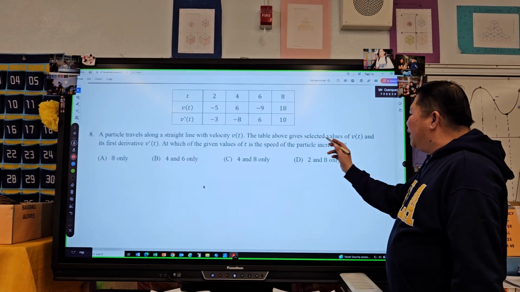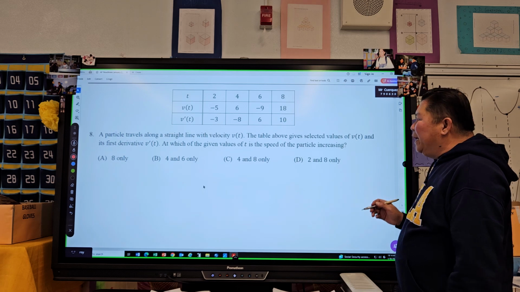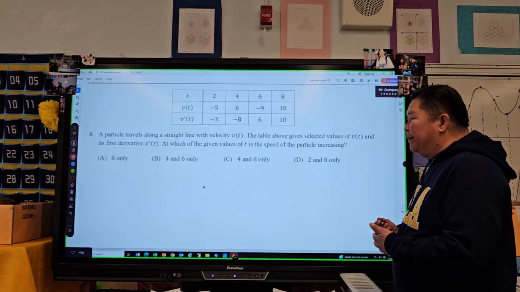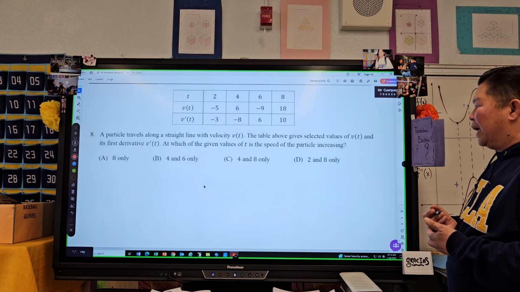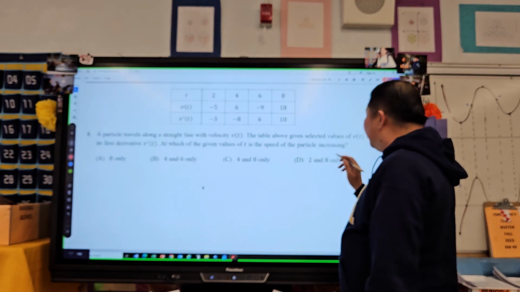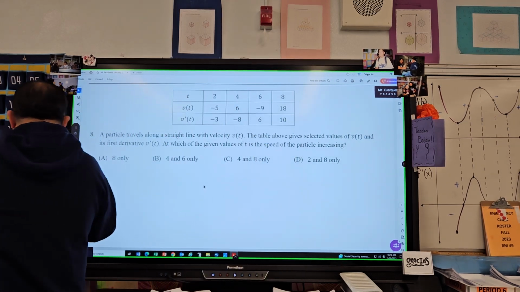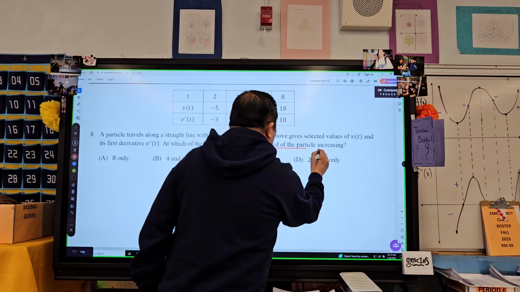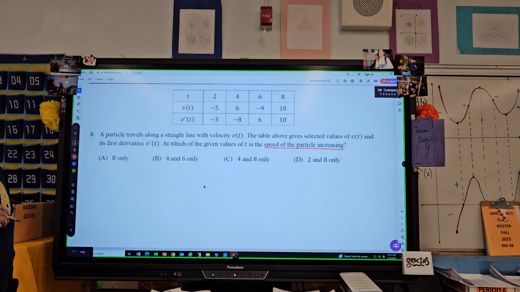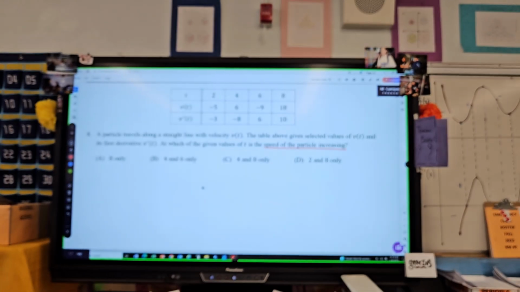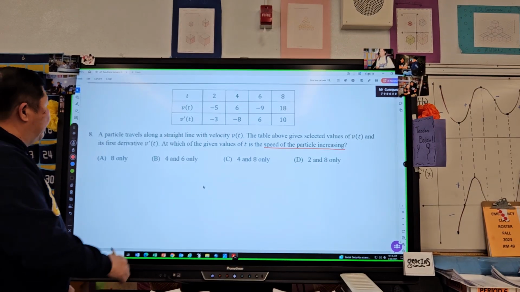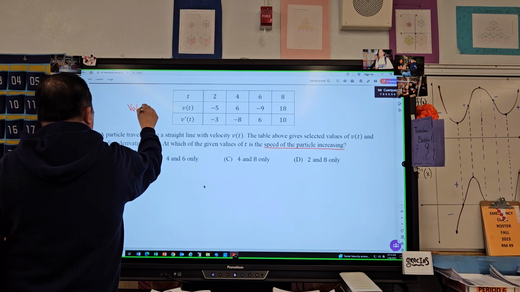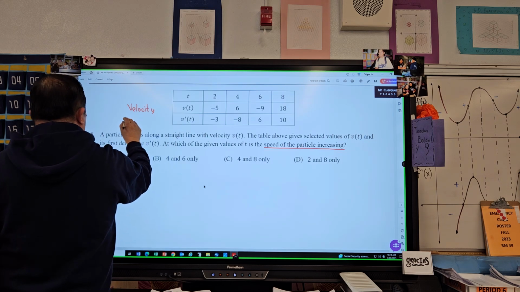The table above gives selected values of v of t and its first derivative v prime of t. At which of the given values of t is the speed of the particle increasing? I need you to highlight this, speed of the particle increasing. Now, remember, this is velocity, and v prime is acceleration.